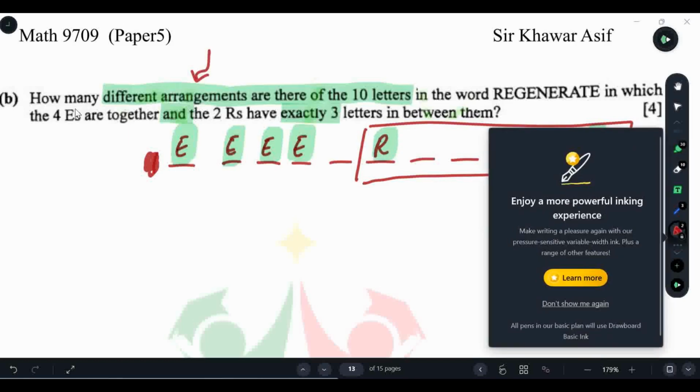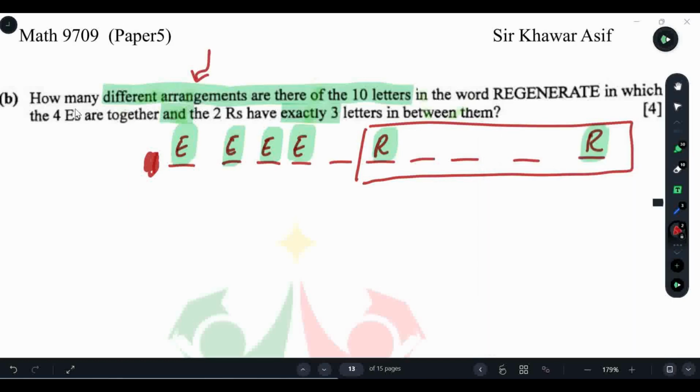So 4 and 2 make 6, which means the remaining letters are 4. So for this portion, this will be equal to 4P3, where the spaces are 3.